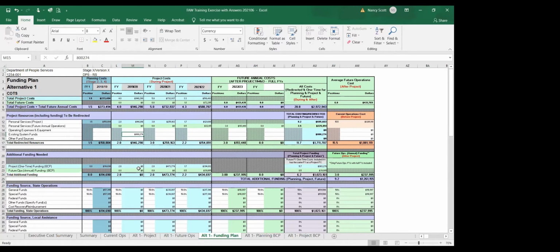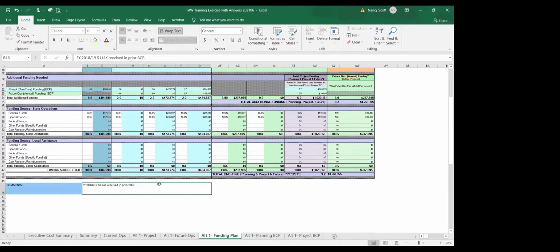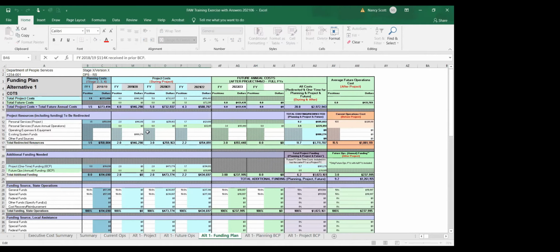However, when I put that, I would need to indicate why I don't need funding, because there could be a lot of reasons, and a department would need to explain why they don't need the funding. The sheets will automatically exclude that, but there still would be an explanation as to why.